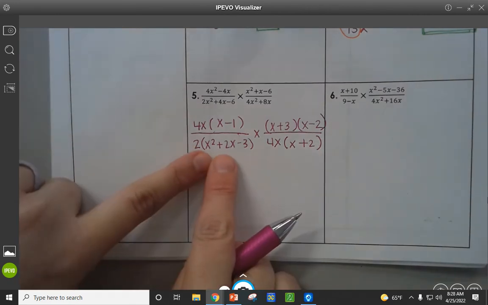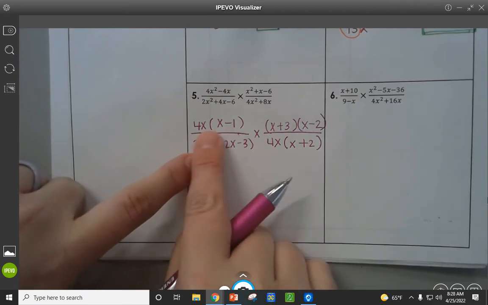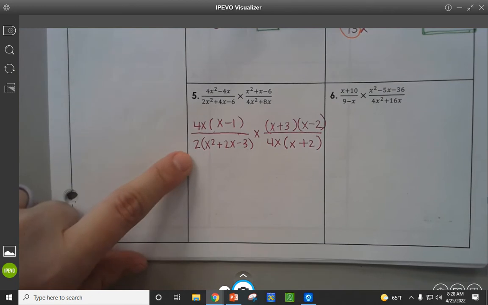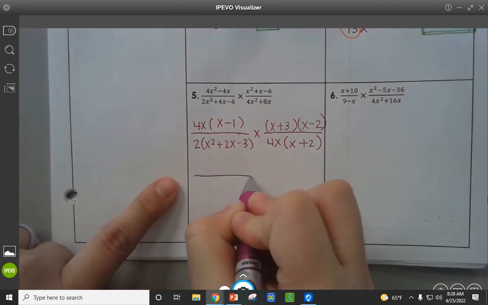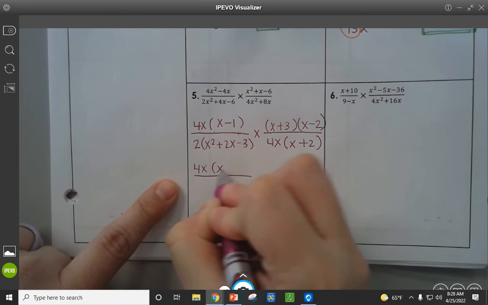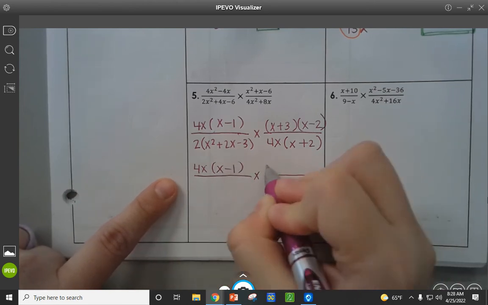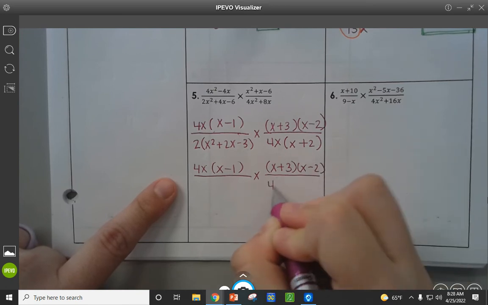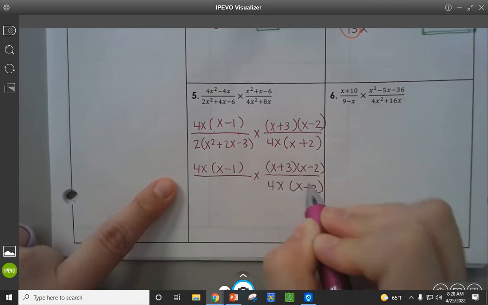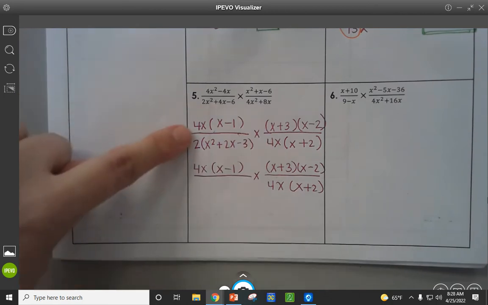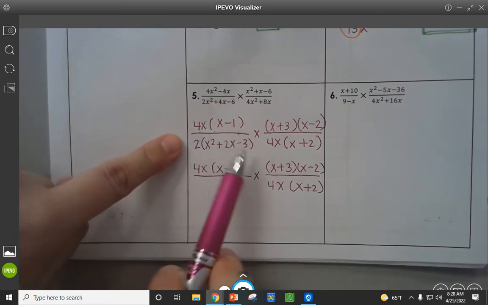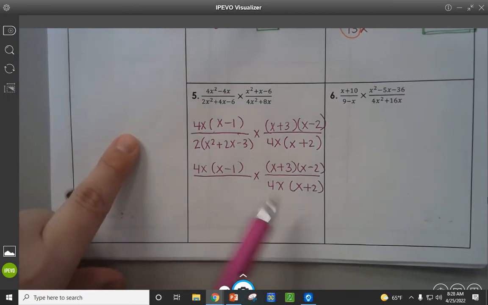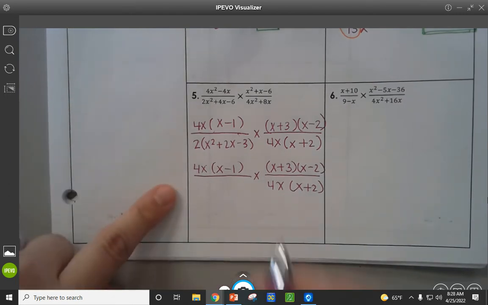Now this fraction over here, this denominator, can factor some more. So everything else stays the same. Now, if you can take out the GCF and break this down in this step, I don't expect you to rewrite this, but you can if it helps.